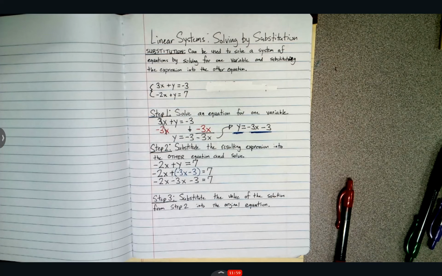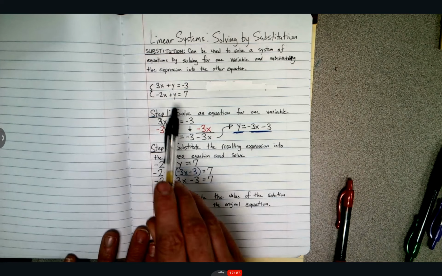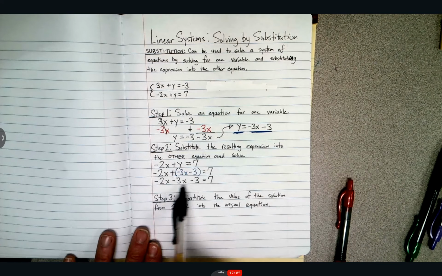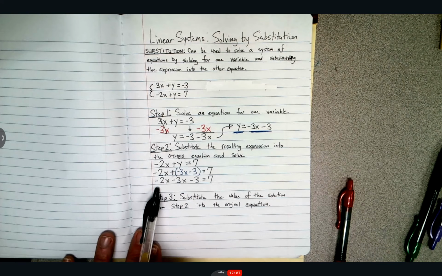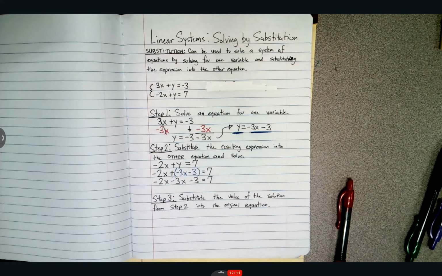And why is this useful? Because now if you look at this, we've used both equations to set up one big equation. And in this equation, how many types of variables are there? 1. So can we solve this equation for a value? Can I see what x equals if I solve this equation? Yeah. So let's go ahead and solve.